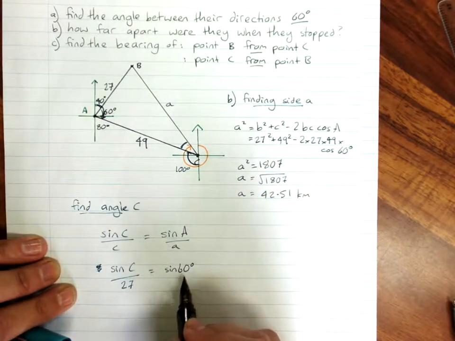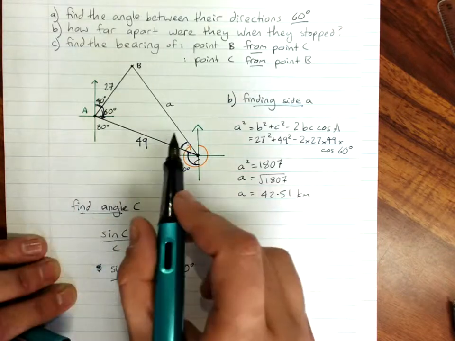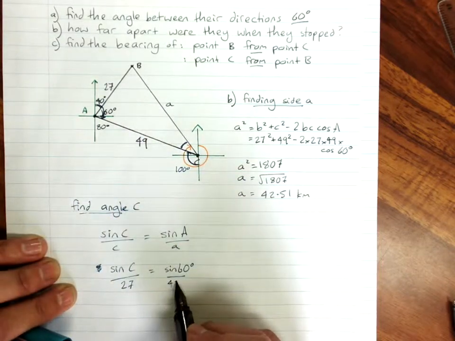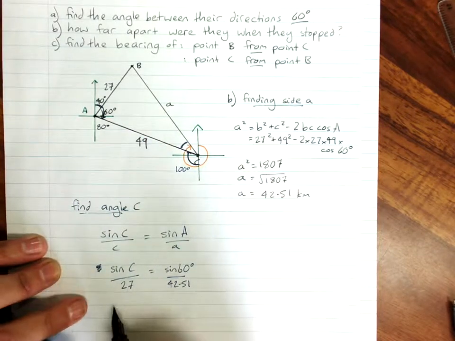Sine of 60 degrees over side A, we found that, 42.51.